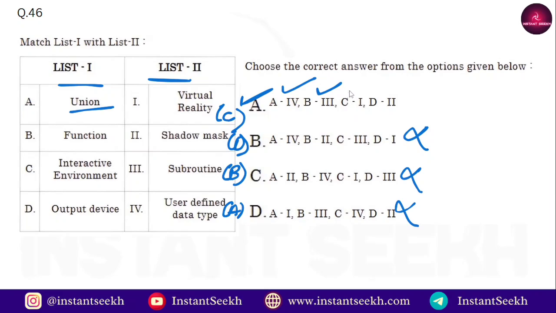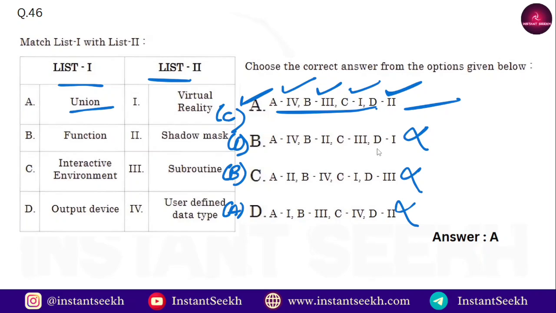Interactive environment refers to virtual reality, that is C goes to 1, and D goes to 2, that is shadow mask. So your correct matching pattern will be option A.